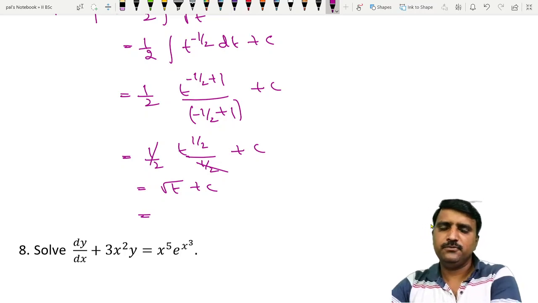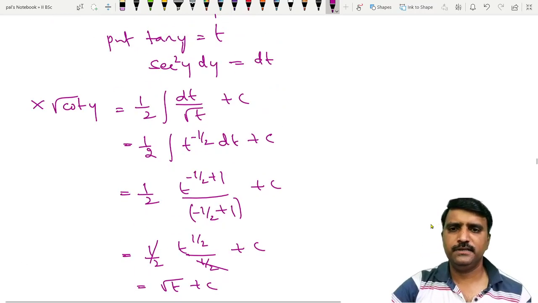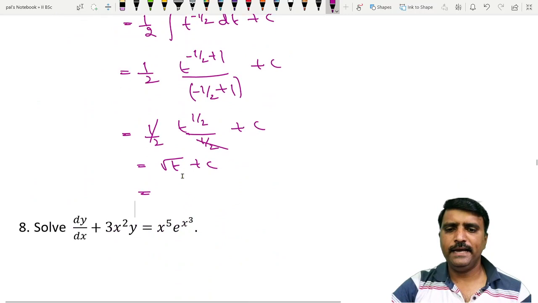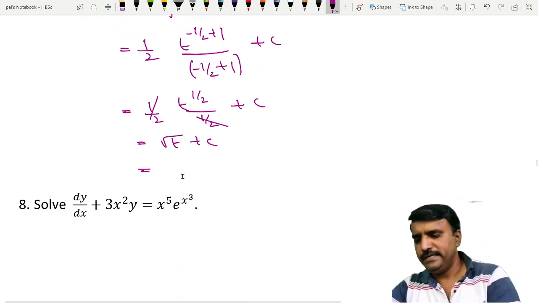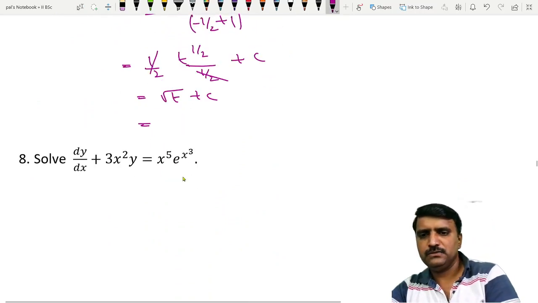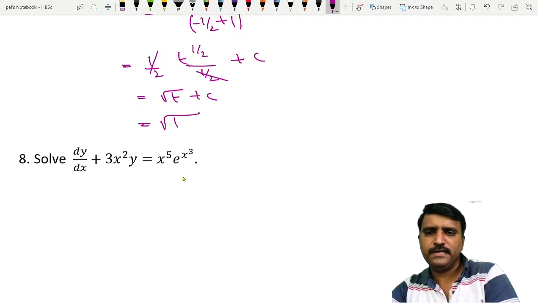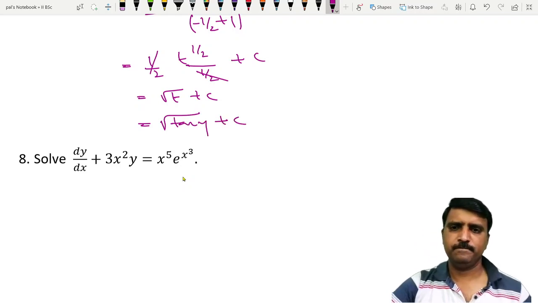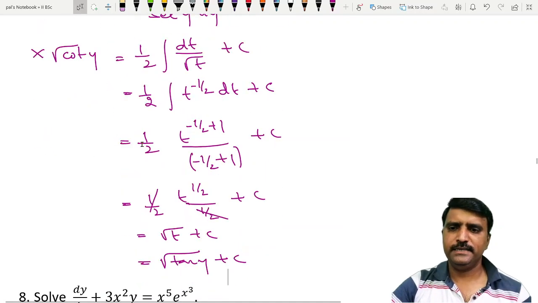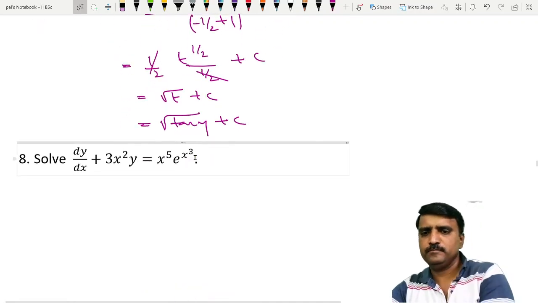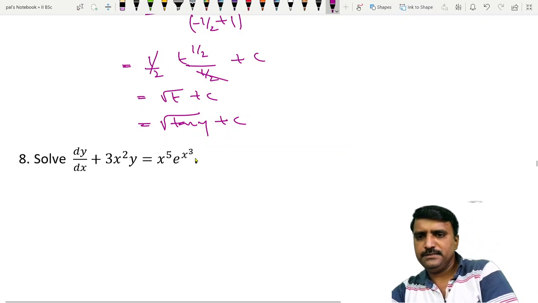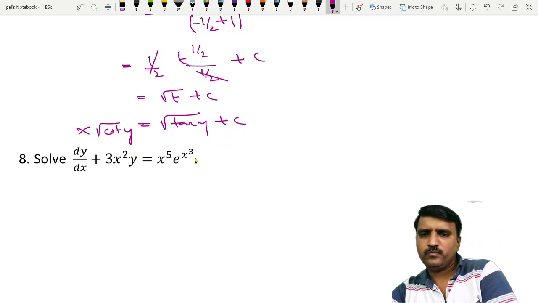What is t? We are taking t as tan y, so it is square root of tan y plus c. And on the left-hand side it is x into root cot y.